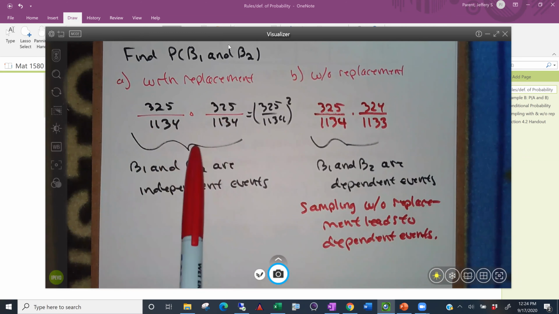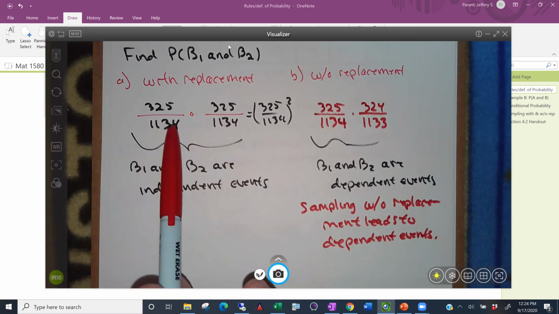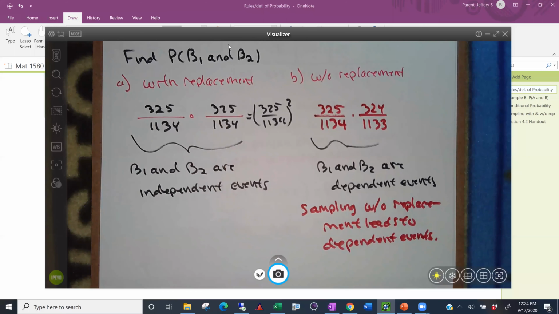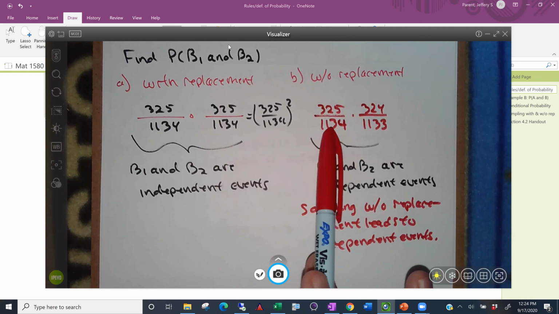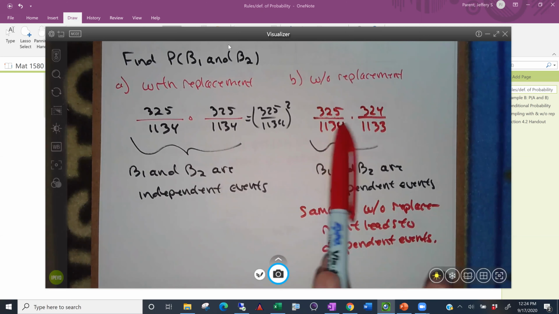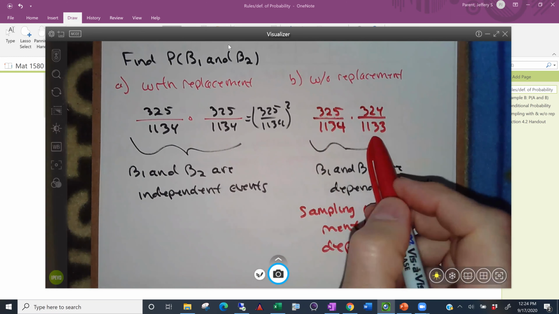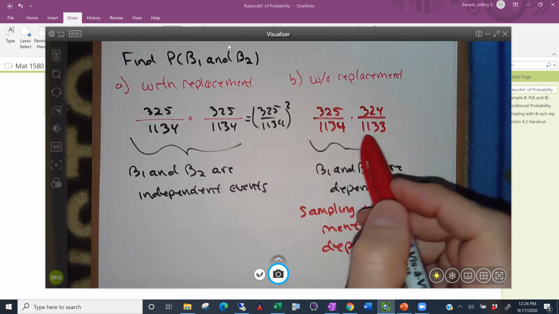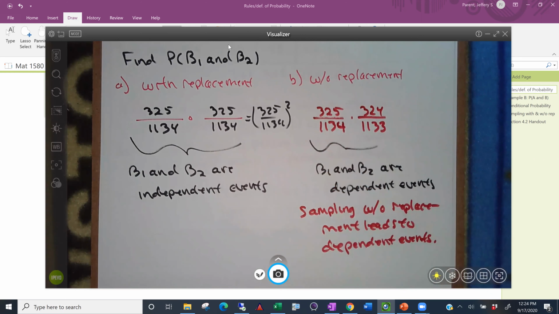So that's why they're independent, because whatever happened on the first event didn't affect the probability of the second one. That's not true over here. What happened on the first one, we got somebody at restaurant B, affected the probability of the second person eating at restaurant B. It's not a big change. And in fact, a lot of times we'll just kind of pretend that change doesn't exist, but it is a change.